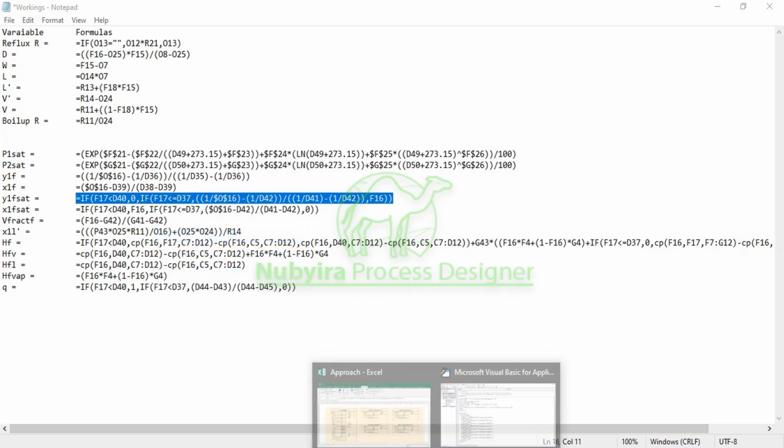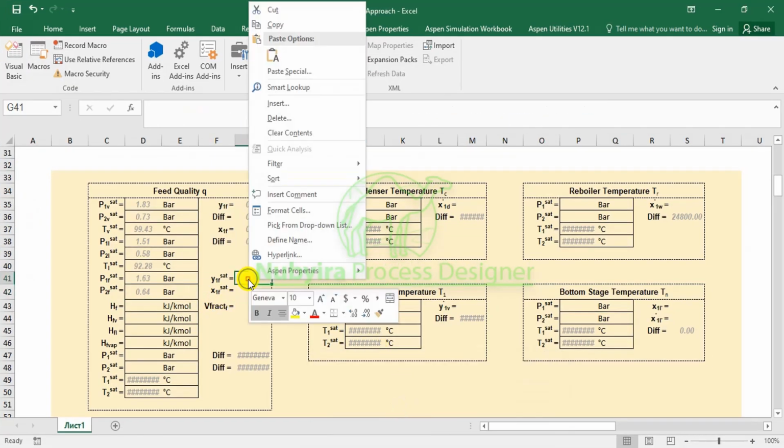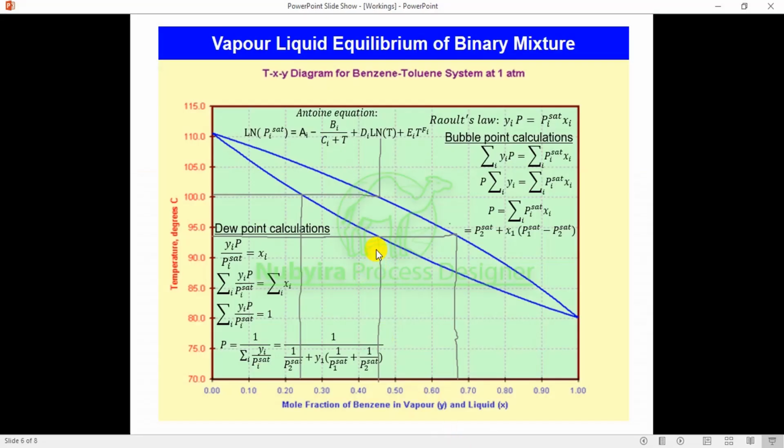The reason it contains an if statement is that, once you have calculated your dew point and bubble point, when the temperature is lower than the dew point, the mole fraction of the mixture will remain the same. Nothing will change in the mixture, no material balance.